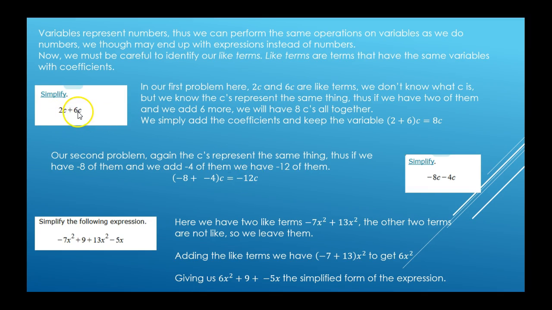Now, because these two terms have the same variable, same exponent on that variable, right? There's no exponent on either of these c's, so it's known that the exponent is 1. If a number or a variable does not have an exponent, that exponent is actually 1, we just don't write it. So because it has the same variable and exponent, these are called like terms.